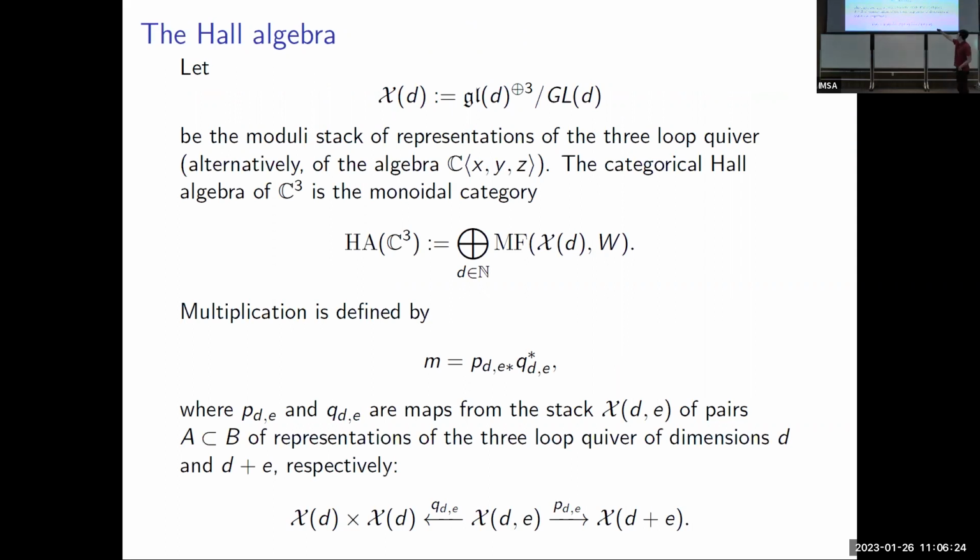Yeah, so the functors are these M's. Yeah, so you need properness to define push forward along P for matrix factorizations, but the map P is proper from the stack X.